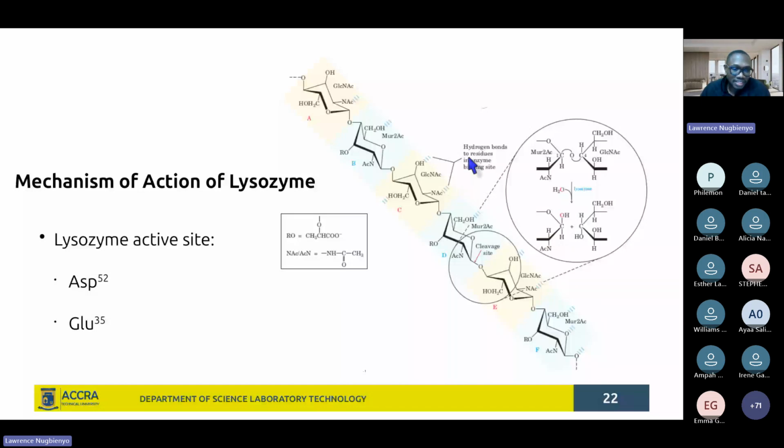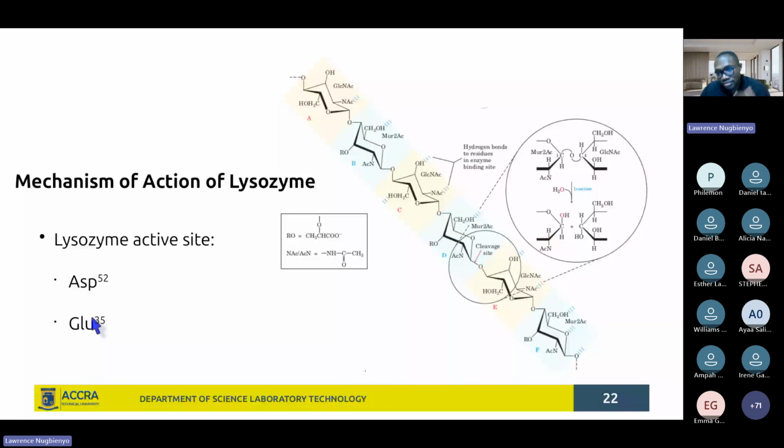In the active center, the active site of the enzyme is made up of also 2 amino acids, aspartic acid and glutamic acid. 52 aspartic acid, 52 only means that aspartic acid is on the 52nd position, and glutamic acid is on the 35th position.